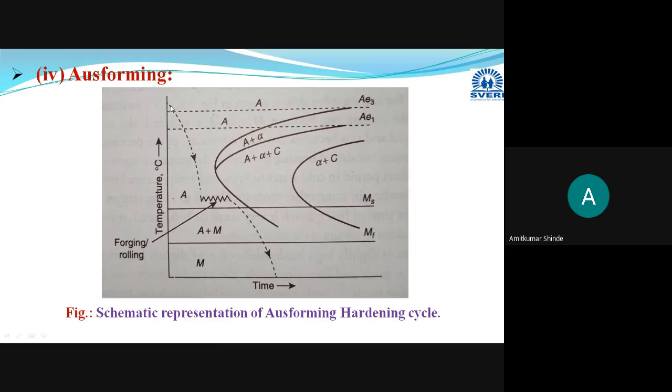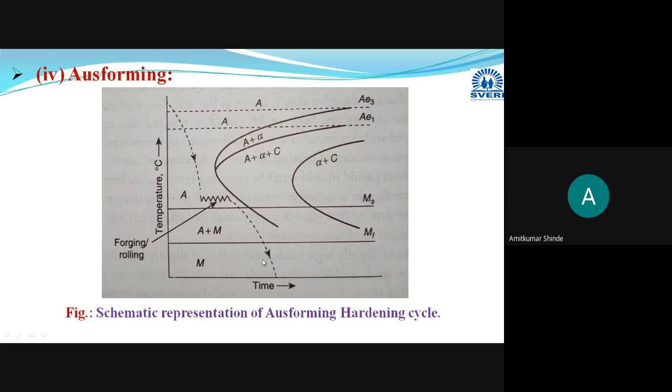And in this cooling cycle, when the temperature falls below this nose temperature and just above this Ms temperature, we take that component and perform one rolling or forging operation on it. And after performing that rolling and forging operation at this temperature zone, it is again cooled. Okay, we are cooling it, and this cooling is generally done in the oil medium.